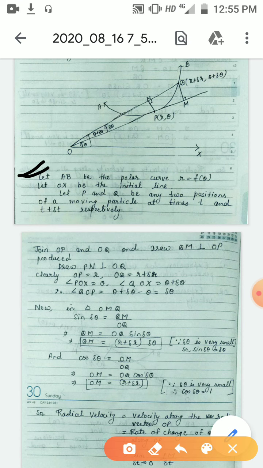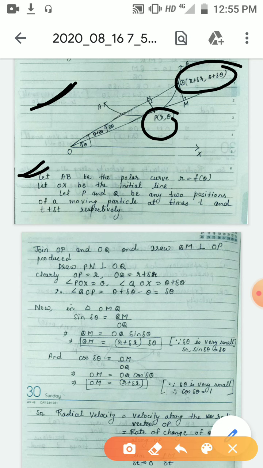Draw QM perpendicular to OP produced and draw PN perpendicular to OQ. In the figure you can see that AB is the curve in which P is (r, theta) and Q is (r plus delta r, theta plus delta theta), two positions of the moving particle.